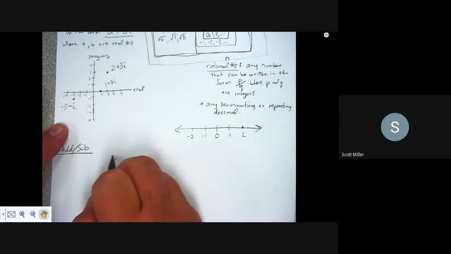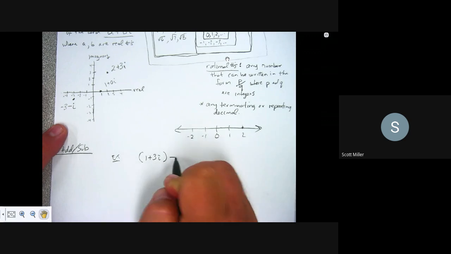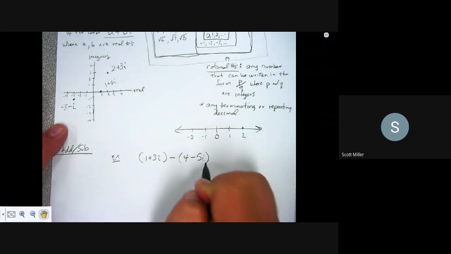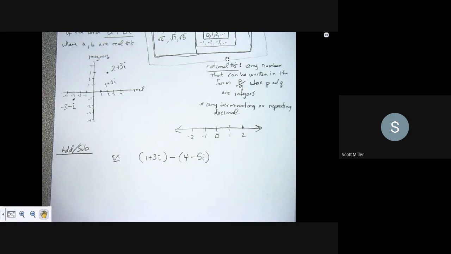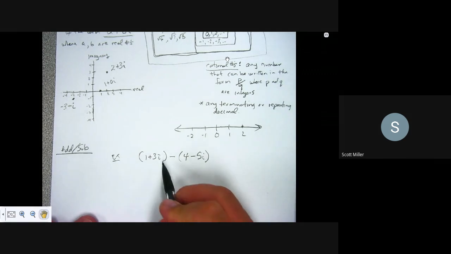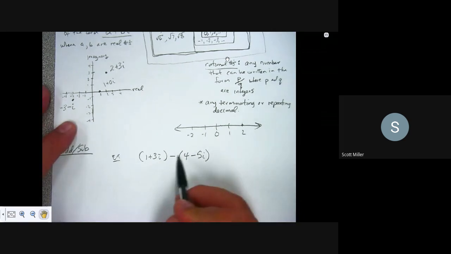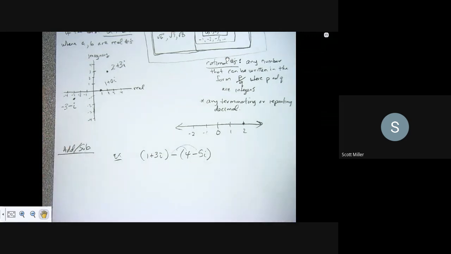So here's an example. What is (1 plus 3i) minus (4 minus 5i)? I put the complex numbers in parentheses so that they stand out. It is a common practice to do so. How do I do this? Just see the i as a variable, even though it's not a variable, but you can treat it as if it was. So in other words, just distribute the negative and combine like terms.